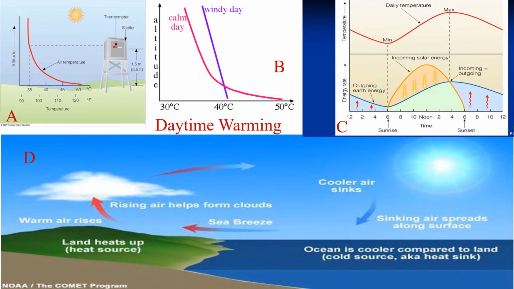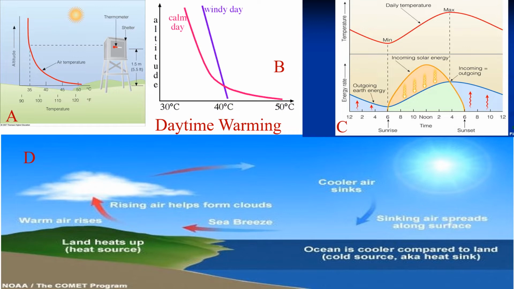Rather, the air continues to be heated, often reaching a maximum temperature a couple of hours, or 2 to 4 hours, after noon. To find out how this lag in temperature occurs, we need to examine a shallow layer of air in contact with the ground. That's what we'll be talking about: daytime warming.